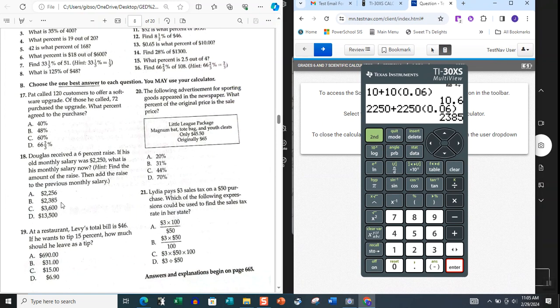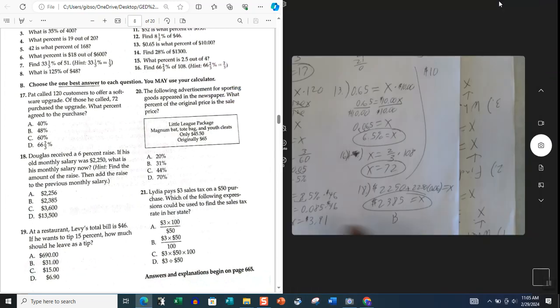Okay, now we're going to skip to problem 20. It says the following advertisement for sporting goods appeared in a newspaper. What percent of the original price is the sales price? Now it says what percent. We don't know that. So let's go through and write this for problem 20.